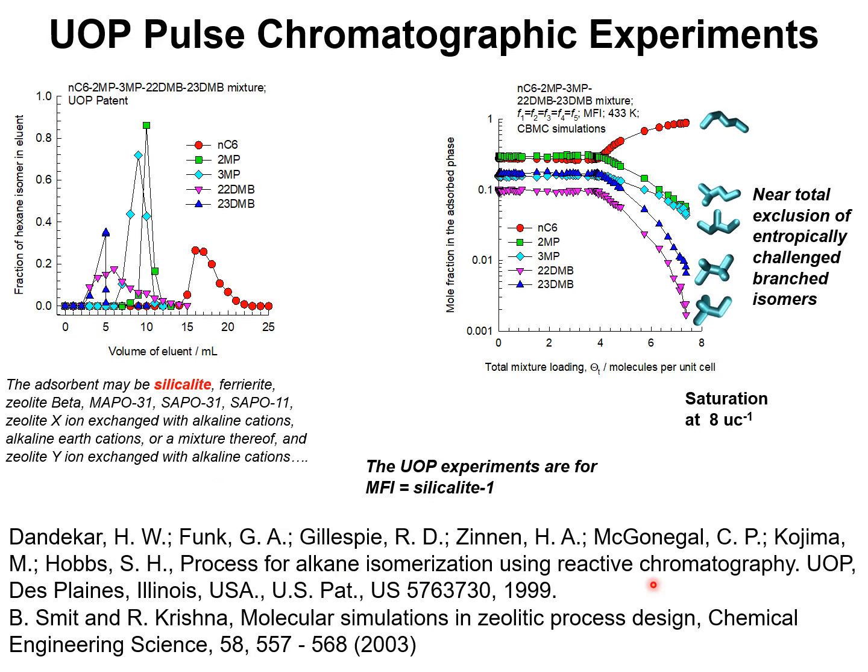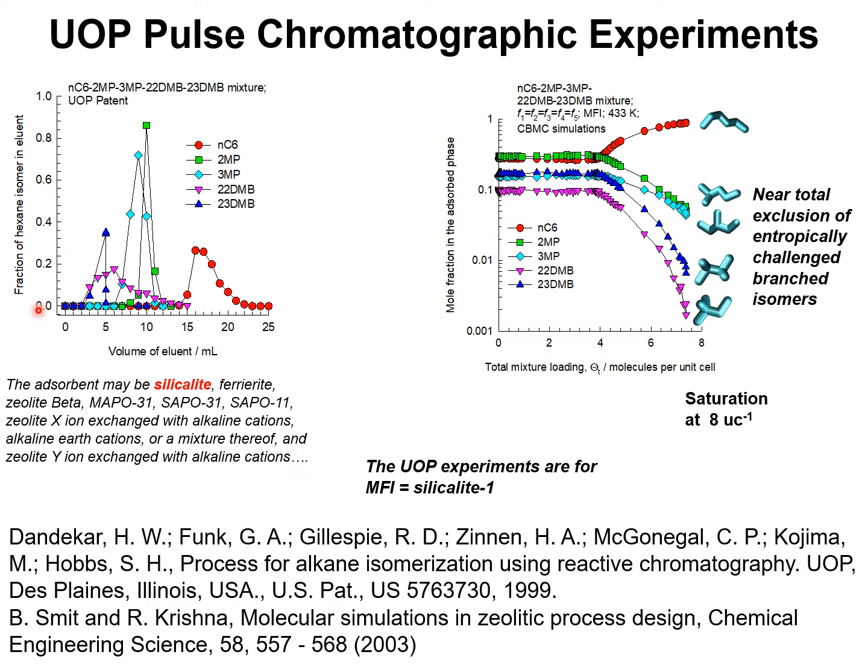In a patent awarded to Universal Oil Products located in Des Plaines, Illinois, a set of pulse chromatographic experiments are reported for separation of hexane isomers.